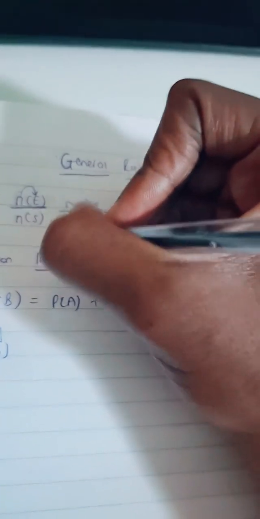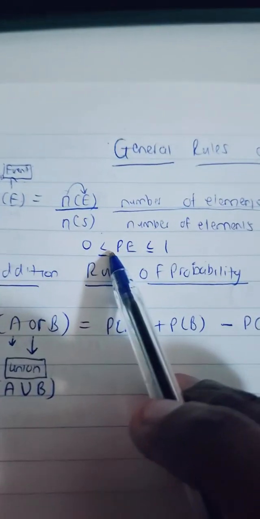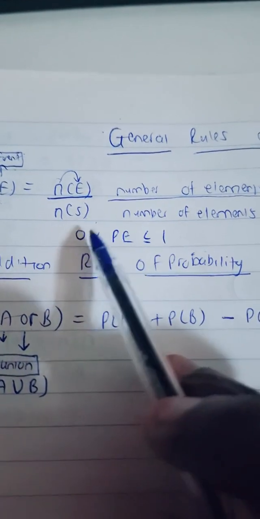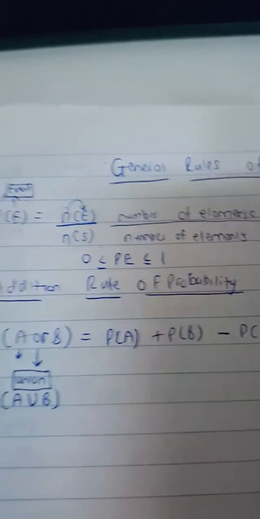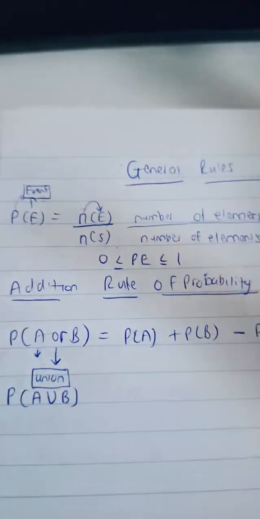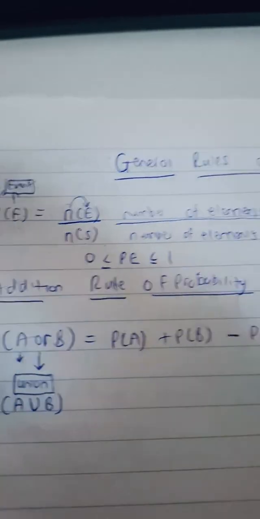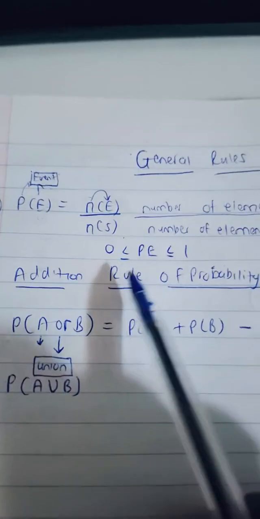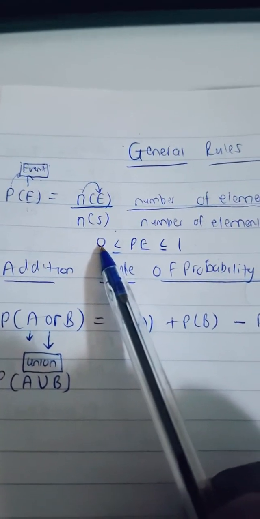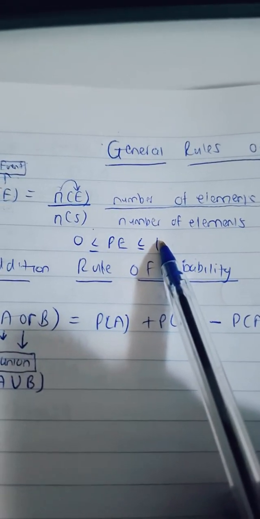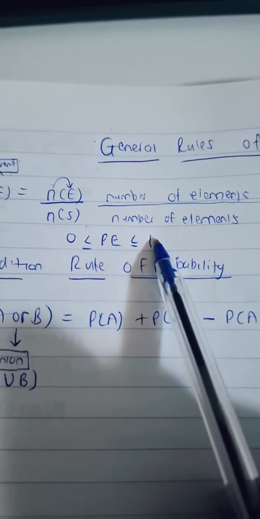We did then say that the probability of any event, once we get it, will always be between 0 and 1. We have a scale that we use to check how likely an event is to happen. If it is 0, that event is impossible. If it is 1, it's certain that it will happen.